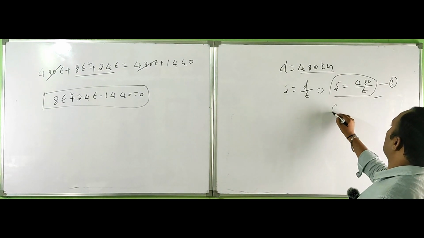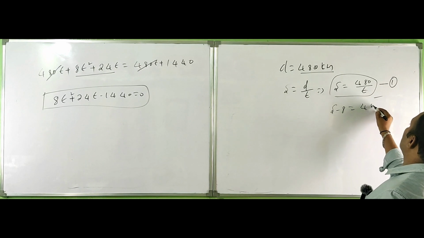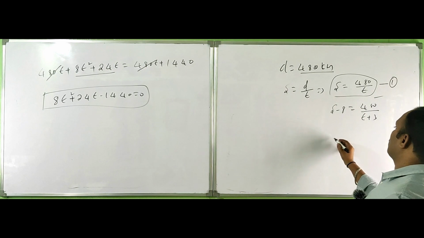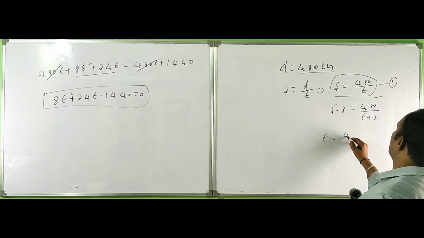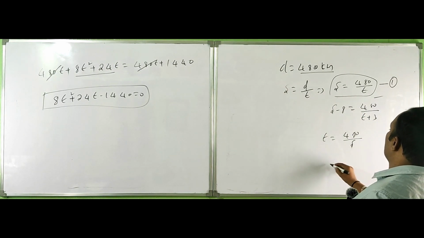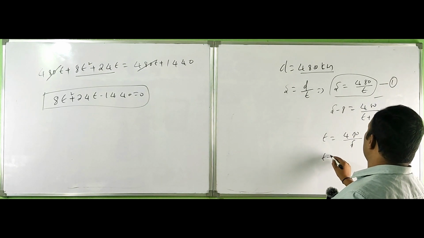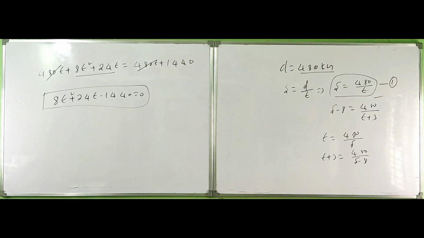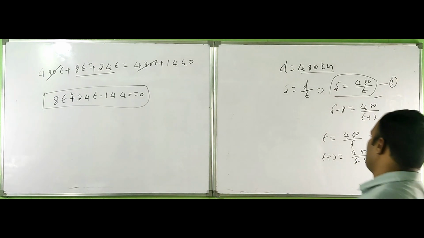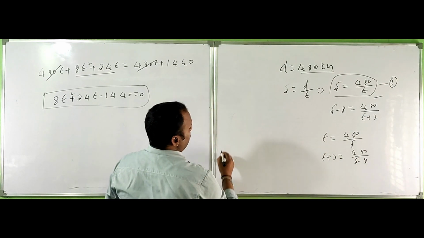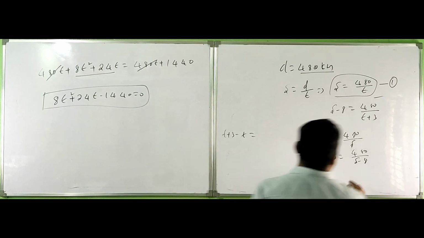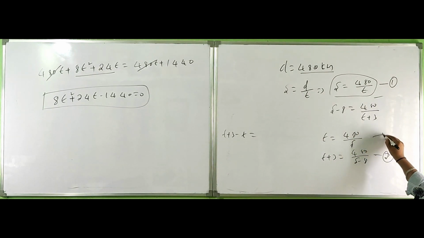The condition is here: s is equal to 480 by t, and s minus 8 is equal to 480 by t plus 3. So here t is equal to 480 by s and t plus 3 is equal to 480 by s minus 8. This is right. So just take the difference. This is the second equation, this is the first equation.